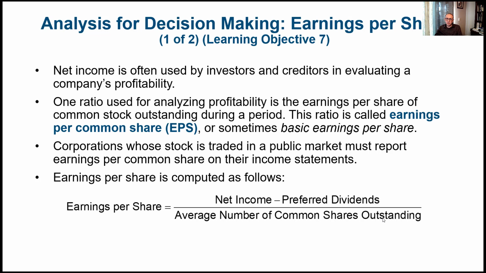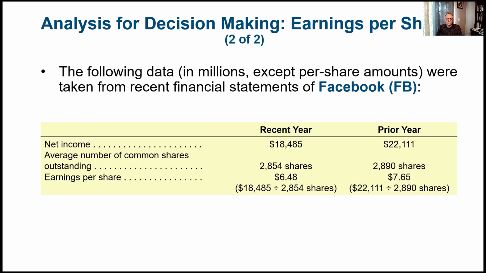So let's see this example for Facebook again, which I think nowadays they call Meta. The following data is in millions except per share amounts, and we don't need to adjust it now, we can just use the numbers in millions. They're taken from the recent financial statements of Facebook. So we have for the recent year net income of 18 billion. Prior year it was 22 billion.